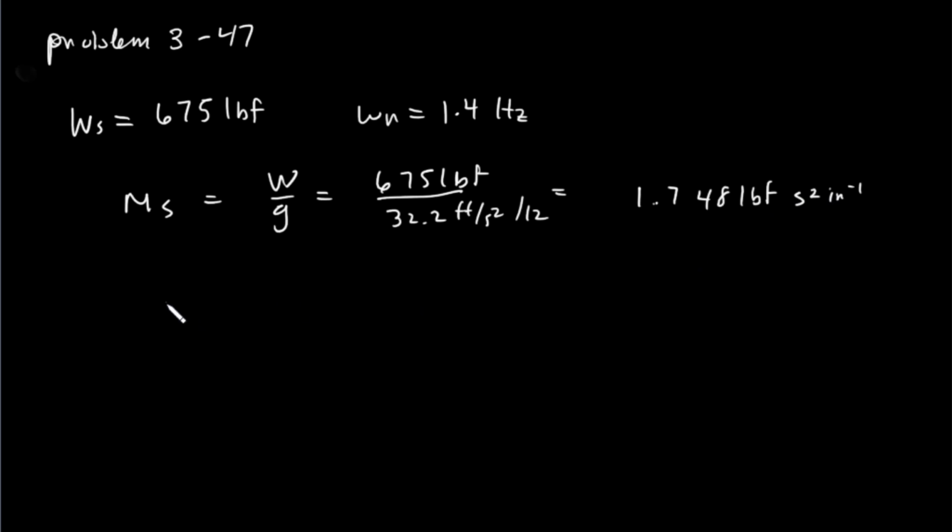And then the ride rate, which is the stiffness, is going to be omega n squared times the mass. Okay, and that just comes from our equation here, where our natural frequency is the square root of k over m. So if we do that and we plug in the expressions for the natural frequency and for the mass, then we can get the weight then.